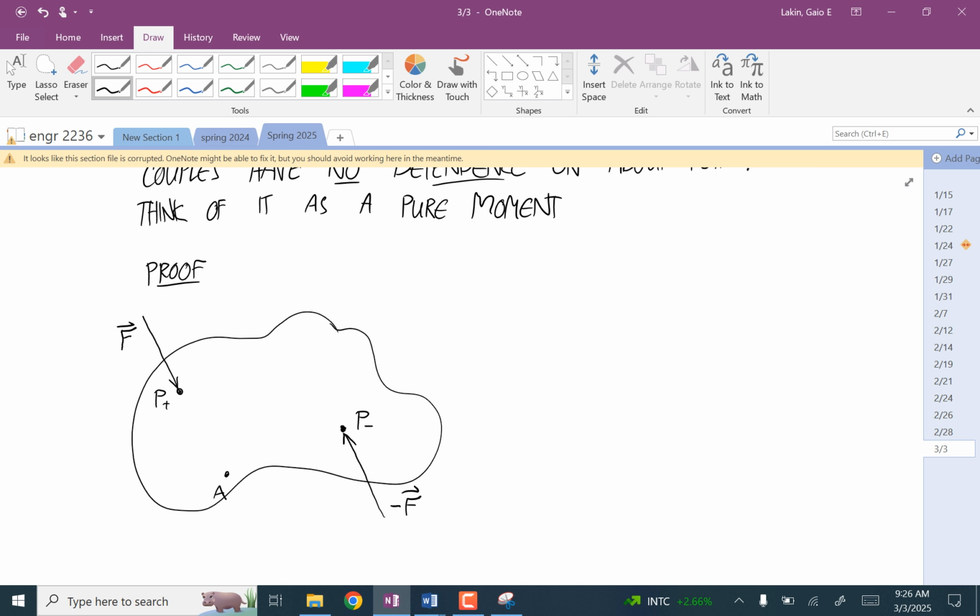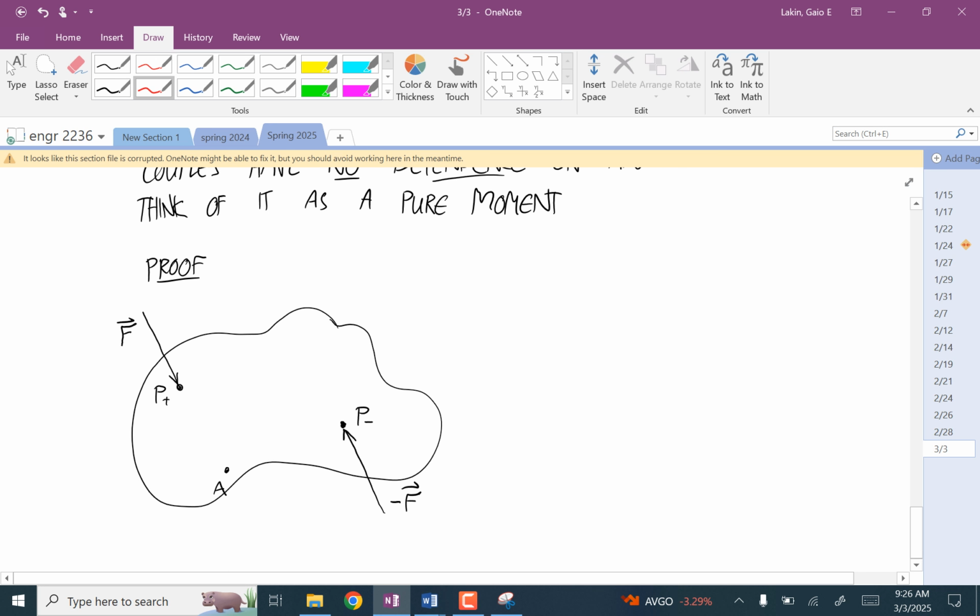Okay, so what is the moment produced by this pair of forces? Well, the moment produced by this pair of forces is just the sum of the moments produced by the two forces, right? So we have this rho vector, I'll call this rho plus, like that, and a rho vector rho minus, like this.